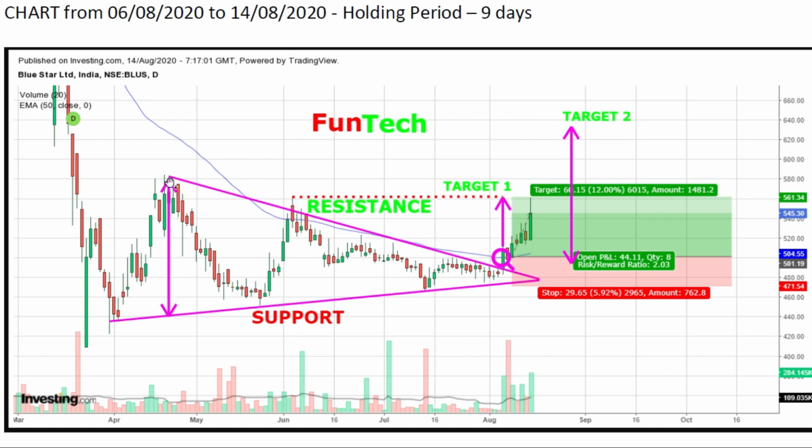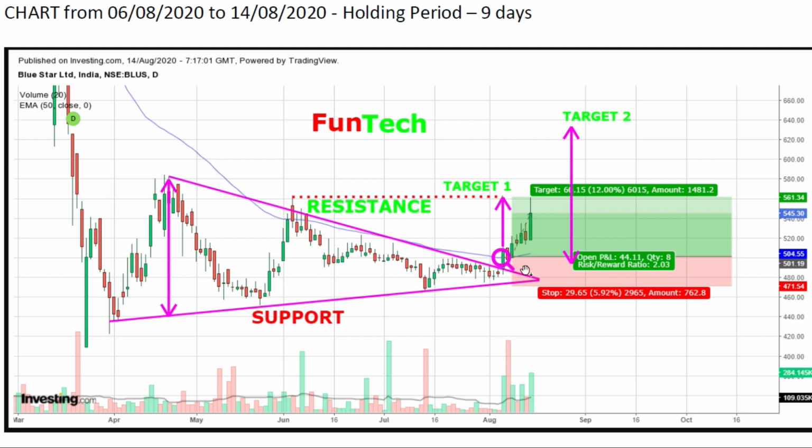the height of this one. So this is the maximum target, so I marked it as target 2, and the partial target, that is target 1, can be equal to the resistance line. This is the highest point in the resistance, so I take this as target 1.